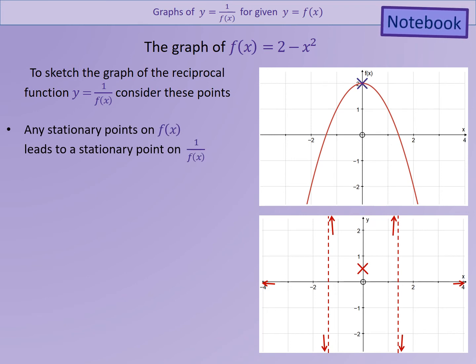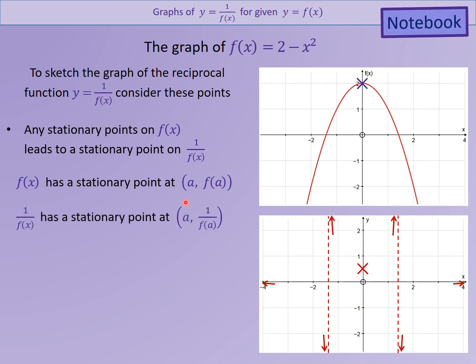Before I do that, I want to look at any stationary points. In this case, the stationary point is exactly the same as where it crossed the axis. It's not always the case, but it is worth pointing out. The stationary point here was (0, 2), and it's also true for any turning point or any stationary point.